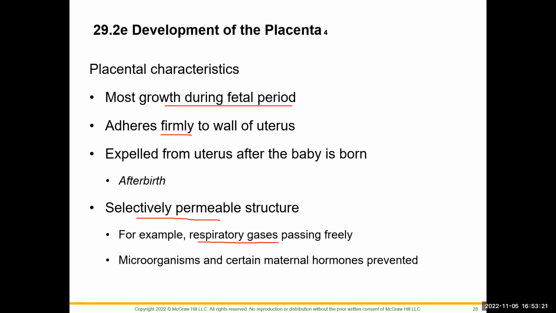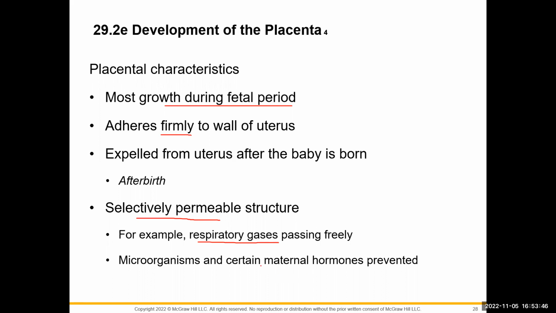Simple diffusion allows gases to freely pass between maternal blood and fetal blood. But it's going to block other harmful things: microorganisms, bacteria, parasites. Not all, but most will be blocked.